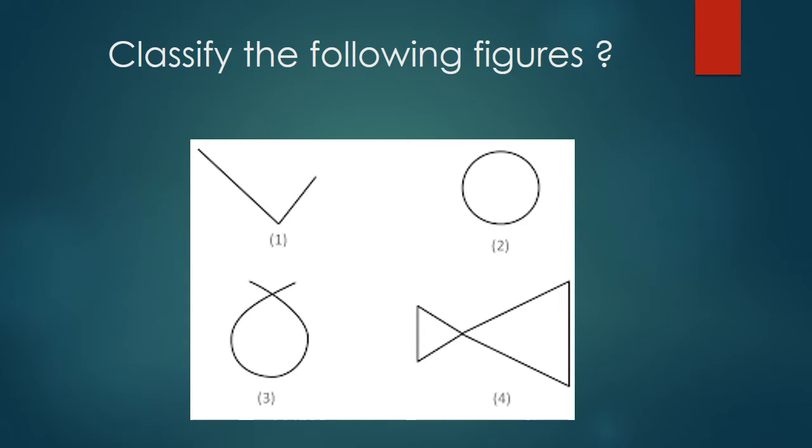So when you see the first example, you can observe it is just a curve which is open and it is made out of line segments. And now in the second one, it's also a curve but it is closed, a simple closed curve.